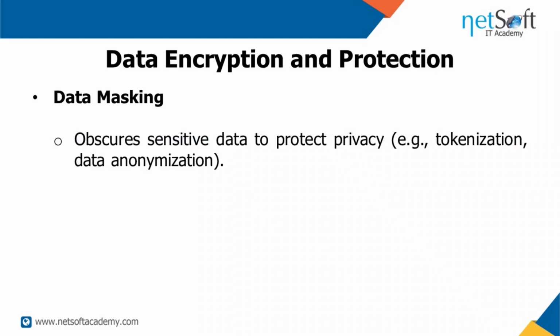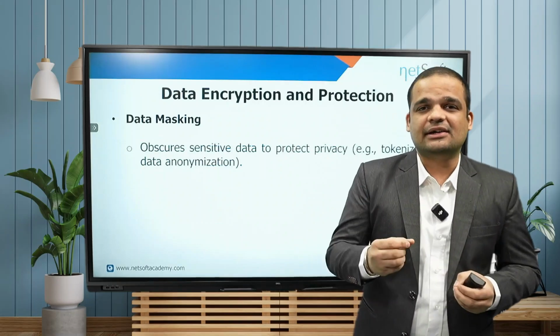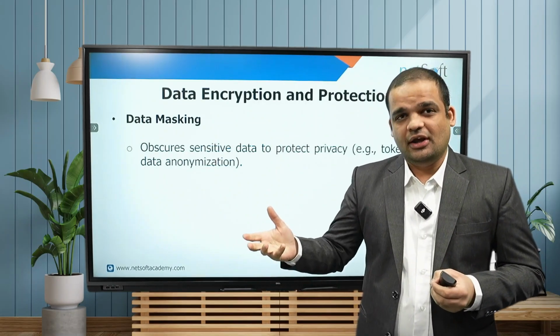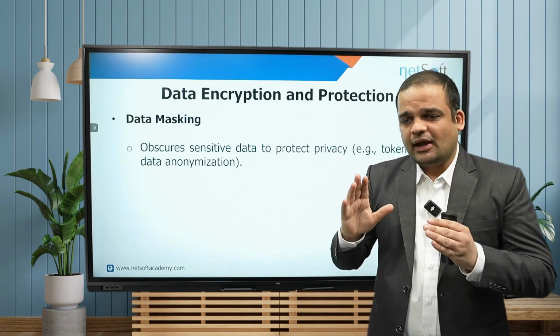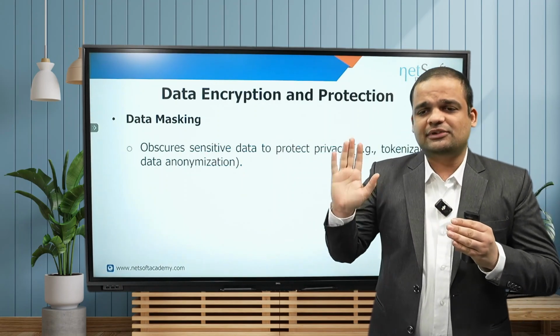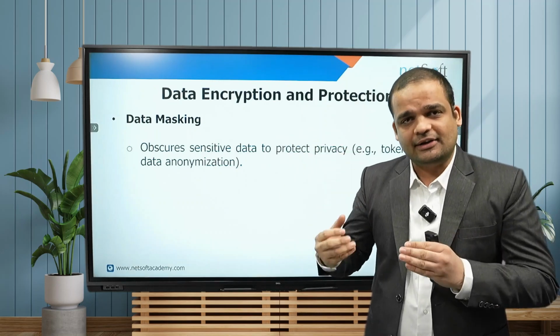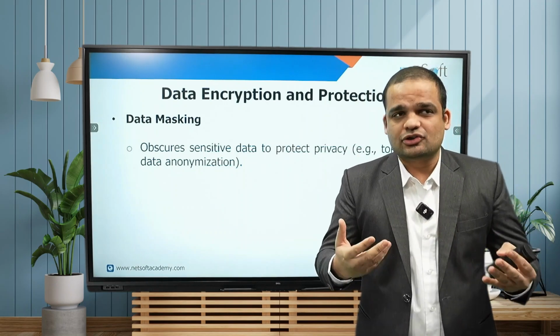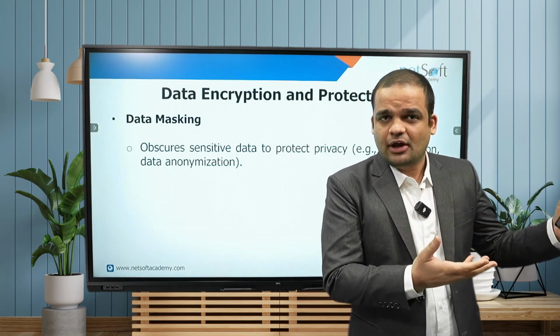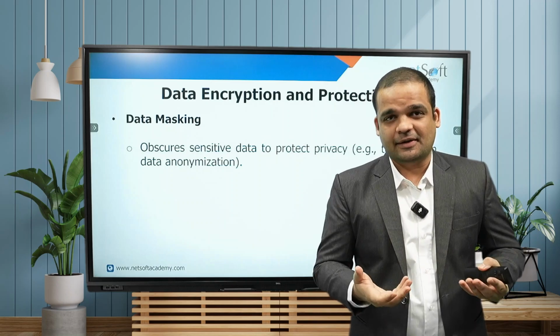The next concept to protect your environment is data masking. Whether you are masking credit card information, phone numbers, medical records, or whatever you want, techniques like tokenization and data anonymization obscure your sensitive information. It simply means that it puts random digits in place of your valid data so that the data will mean nothing to a person who doesn't know how to unmask it.